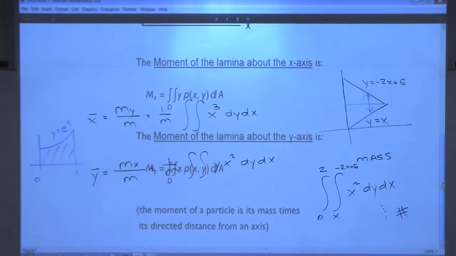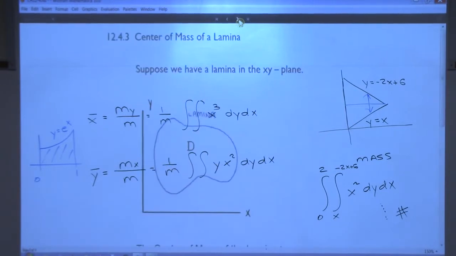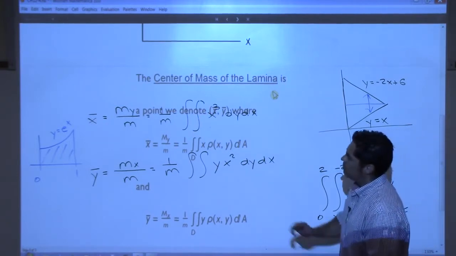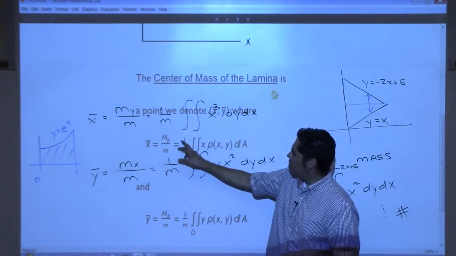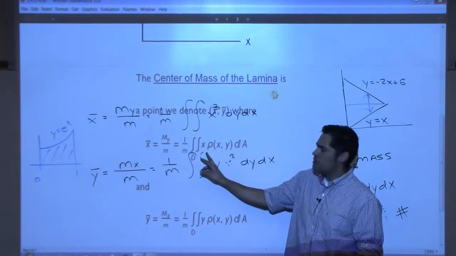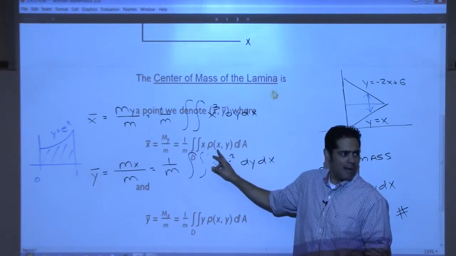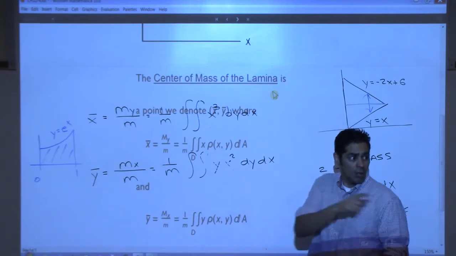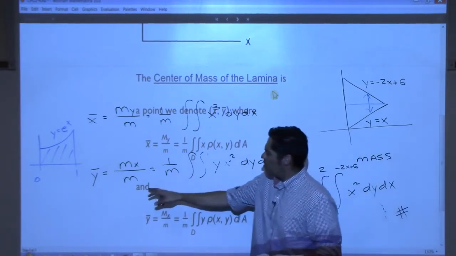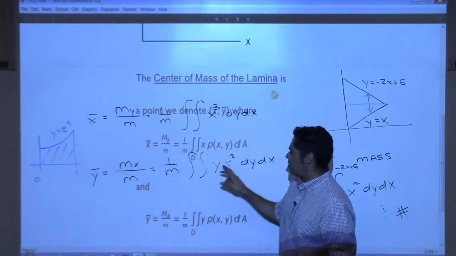And then x bar is the moment about y divided by m, which is 1 over m, and then this right here is the moment about y. So x times the density. Is that not what I have there? Yeah, you're right. So it's okay there? I'm just making sure it's not a typo. And then the y bar is the moment about x over mass, which makes that a y.